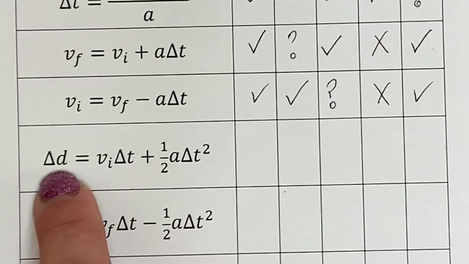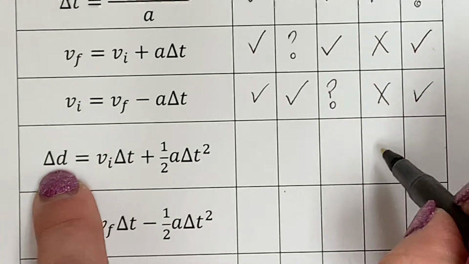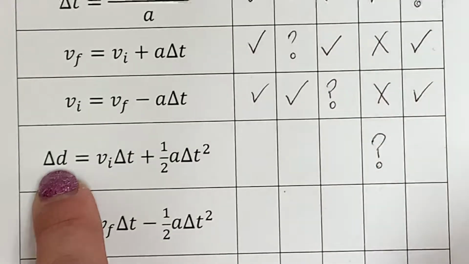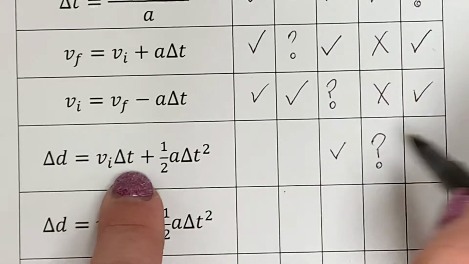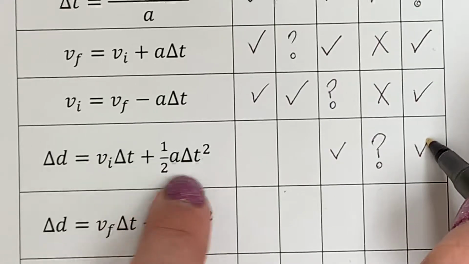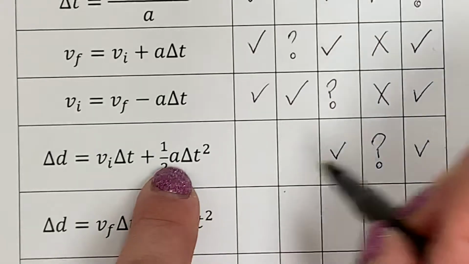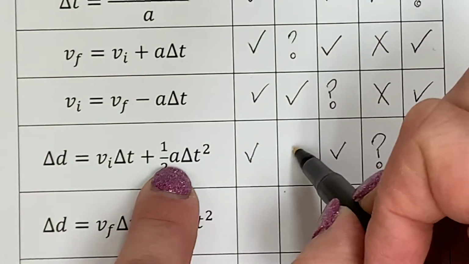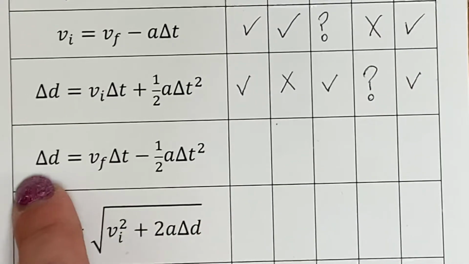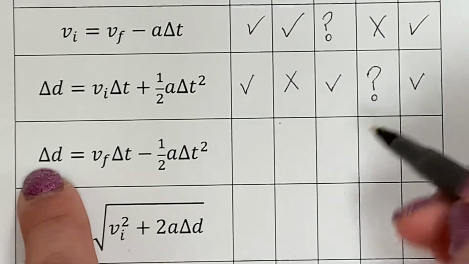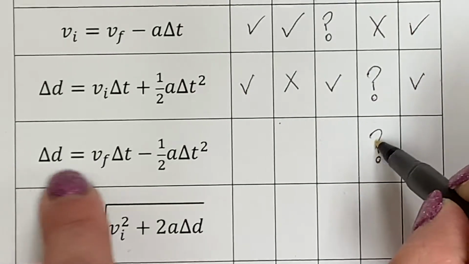Now, displacement is the question. Initial velocity is present. Time is present, and it's in there twice. And acceleration is present, but final velocity is not. Displacement is the question in this next formula.